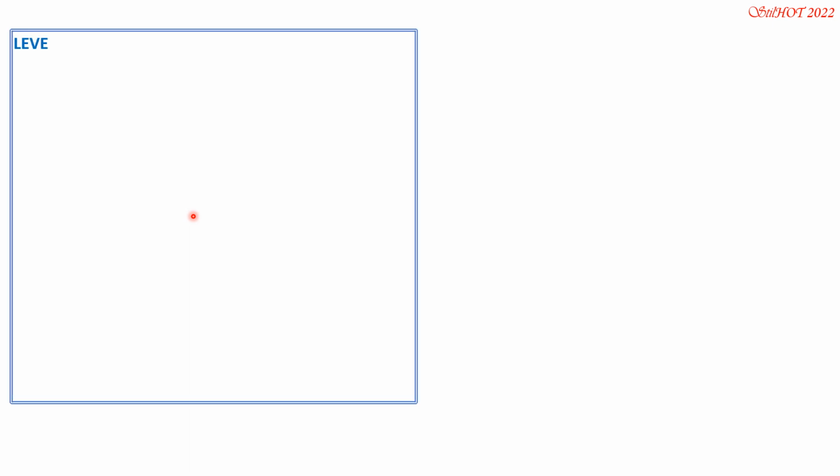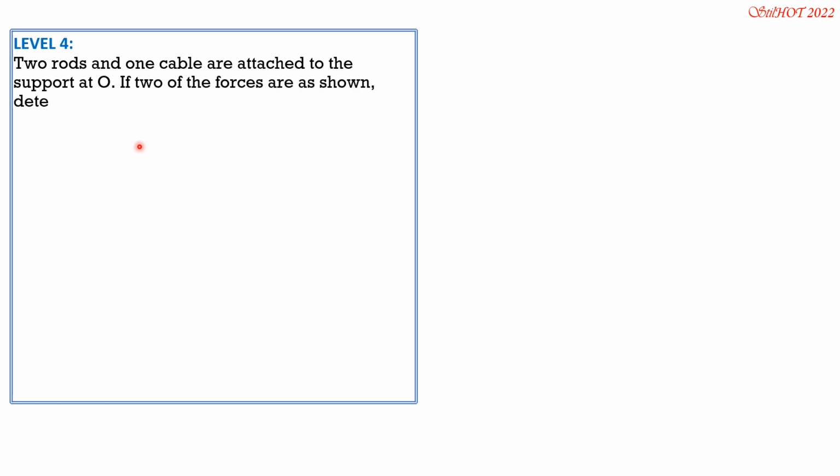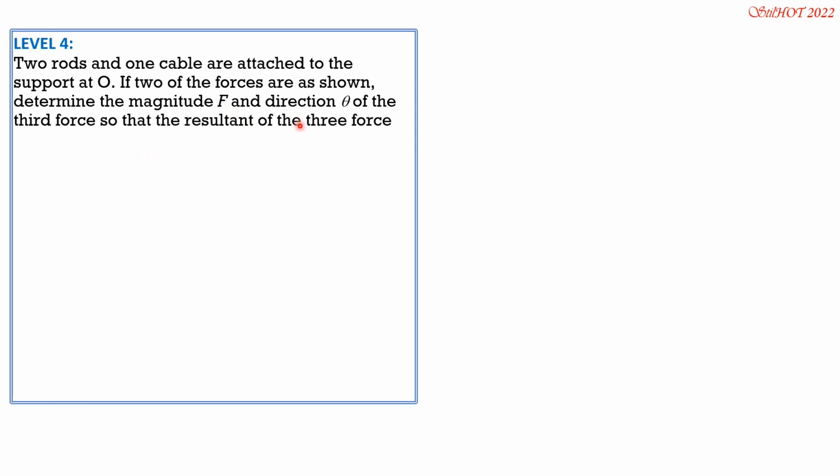Level 4 problem. Two rods and one cable are attached to the support at O. If two of the forces are as shown, determine the magnitude F and direction theta of the third force so that the resultant of the three forces is vertically downward with a magnitude of 6,000 newtons.